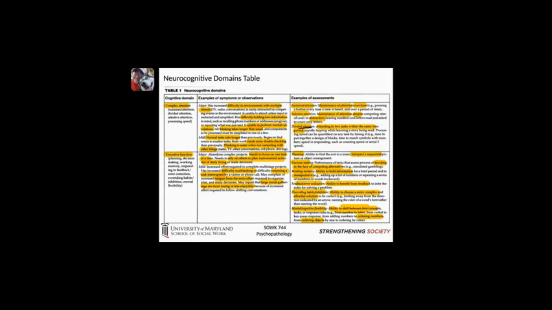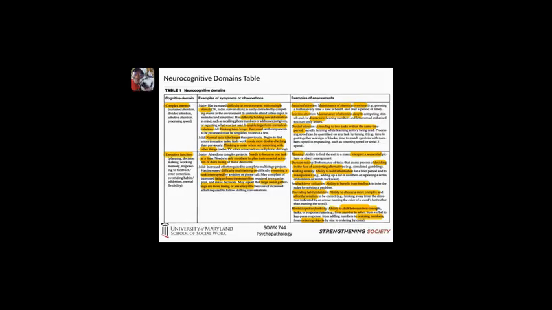All right. So when we apply this basic definition to what it looks like in mild or major decline, you can see here, and one of the things I did this semester as I was updating the slides is I highlighted this myself to pull out the key words, because the whole table is really important.